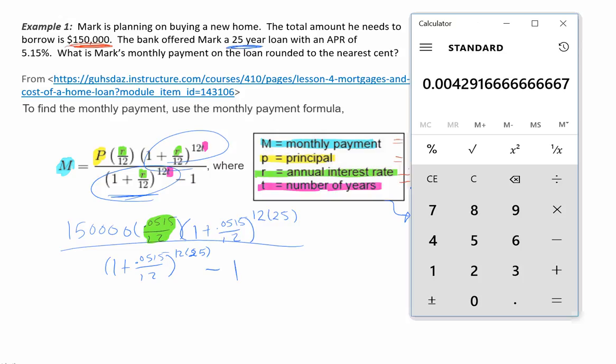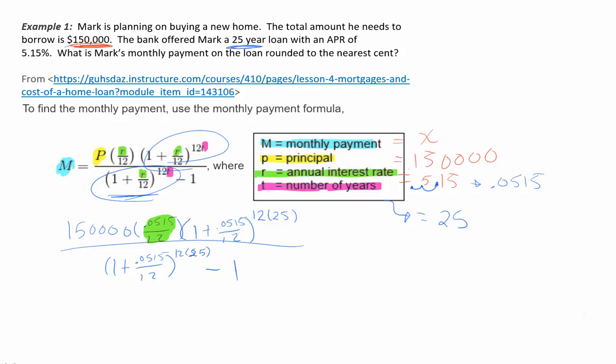Okay. So we are going to have that. Let me go back to pen. 0.0515 divided by 12 became 0.0042917. Okay, there's a bunch of stuff after that, but we're just going to keep it like that.